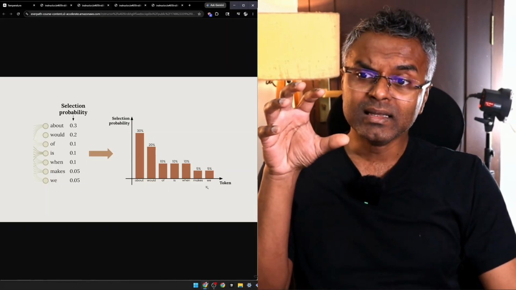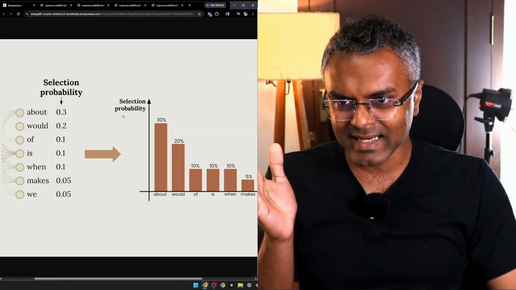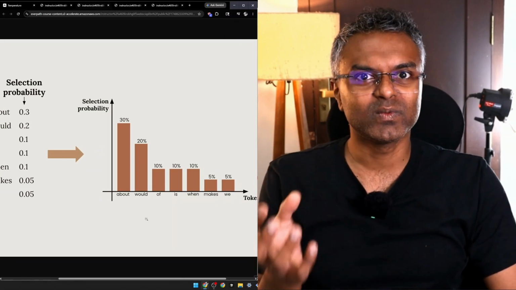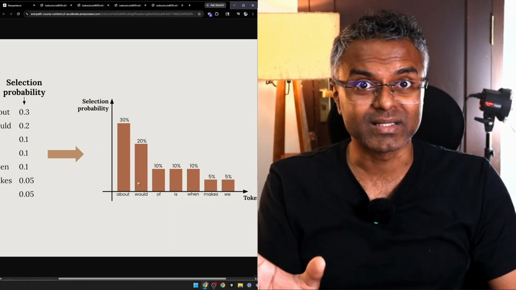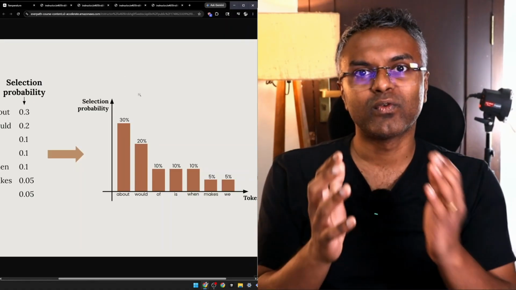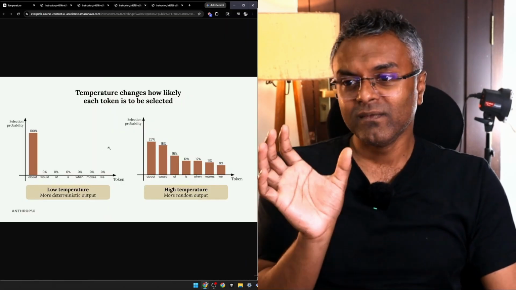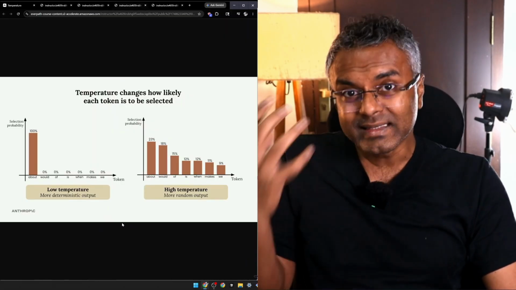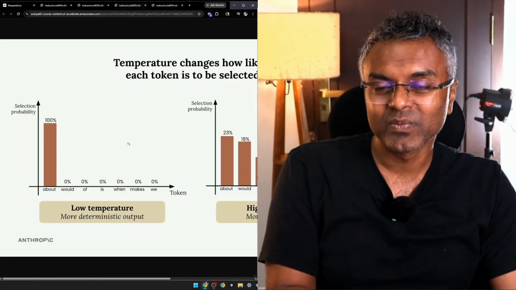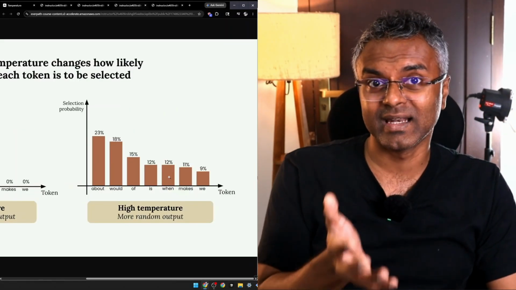Now, the way the LLM selects the next word can be adjusted by using this parameter called temperature, right? And this temperature is nothing but a decimal value from 0.0 to 1.0. Using this temperature, we can control how deterministic we want the selection of the next word to be, or how random or creative we want it to be.